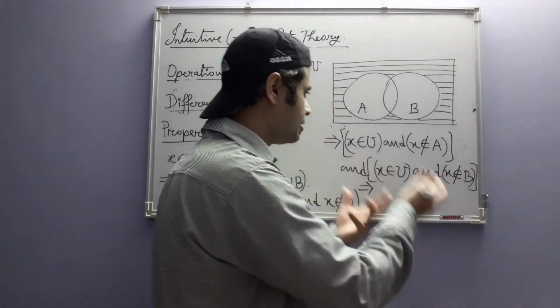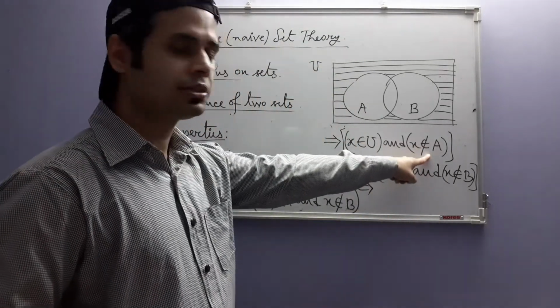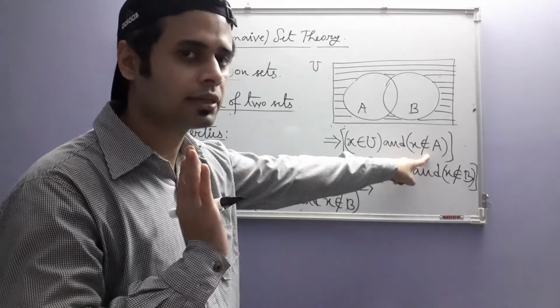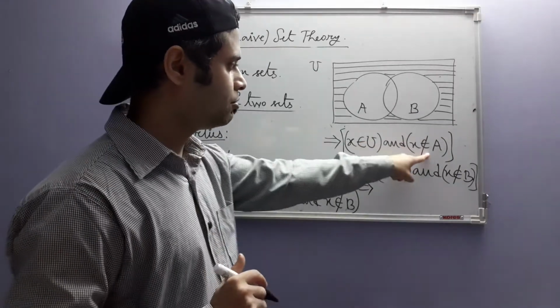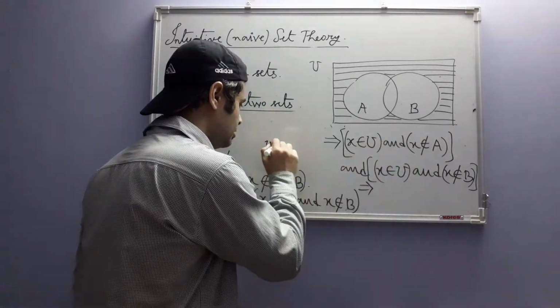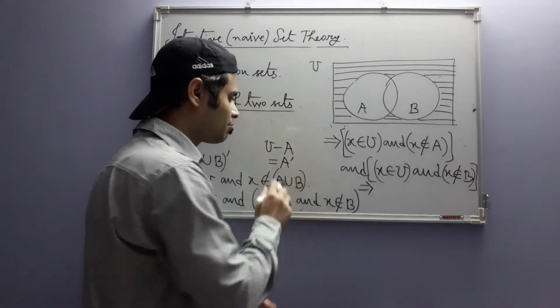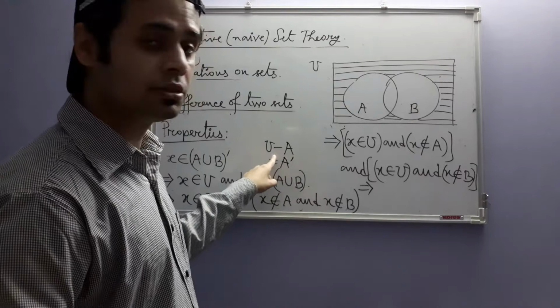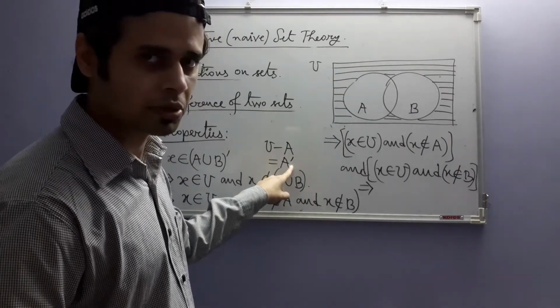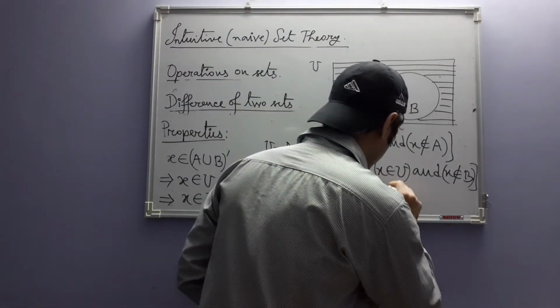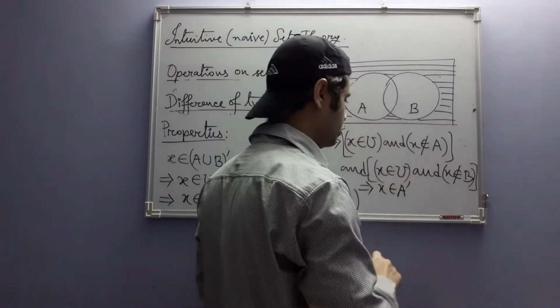But x being in U and not in A means x is in U minus A. But this difference is what? The complement of A, because U is the universal set, so I can speak of complements. So x belongs to A complement.